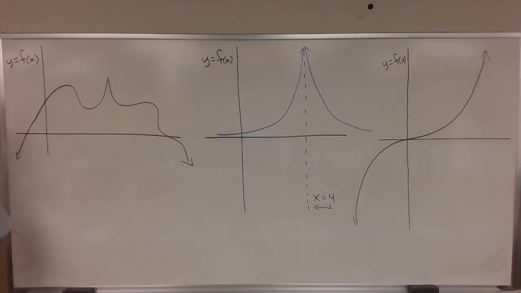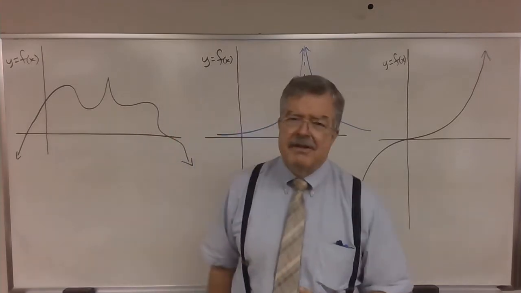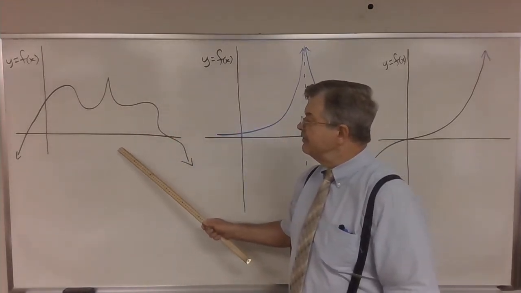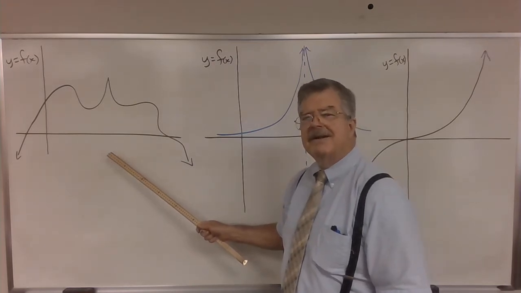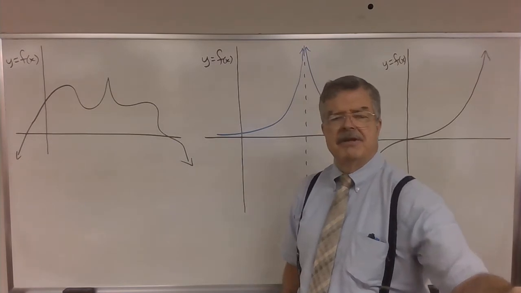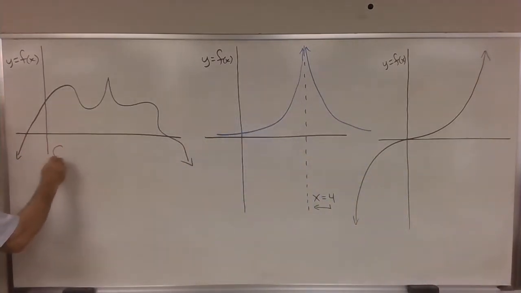I don't see that it does. So what would you say? Continuous or discontinuous? If you say continuous, I'm inclined to agree with you. It looks like this graph is one connected piece, one long connected piece of spaghetti. So our vote is for continuous.